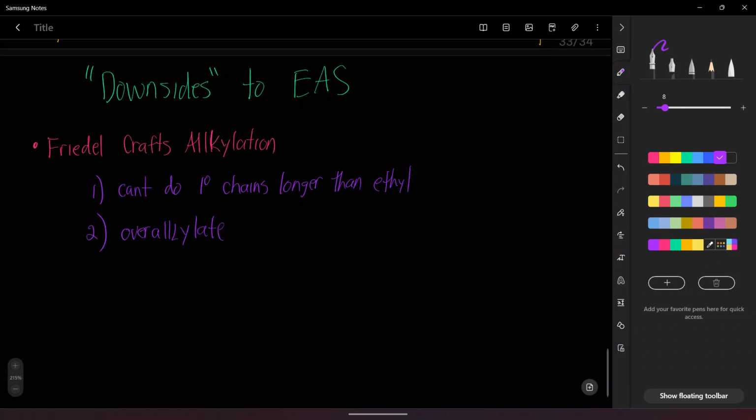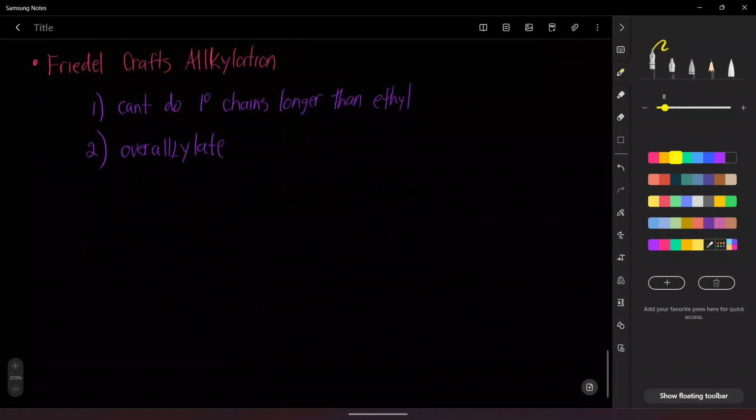So if you're thinking, well, what do you mean by over-alkylate, Brian? Well, I told you that if you had a benzene ring and you added methyl chloride to this with AlCl3, methyl chloride can't rearrange, so I said that this would be a really good way to make methylbenzene.